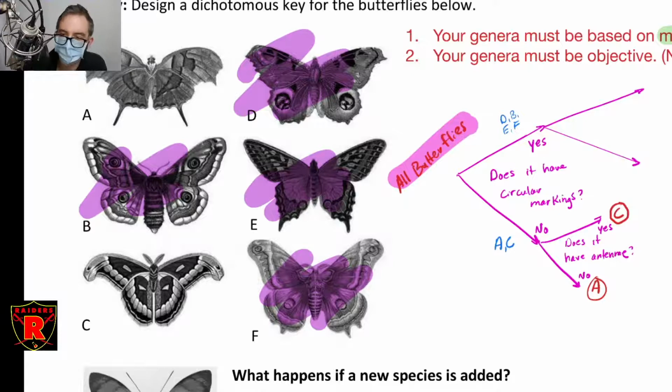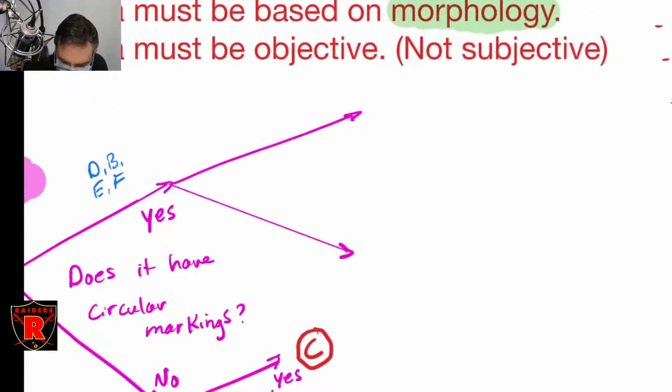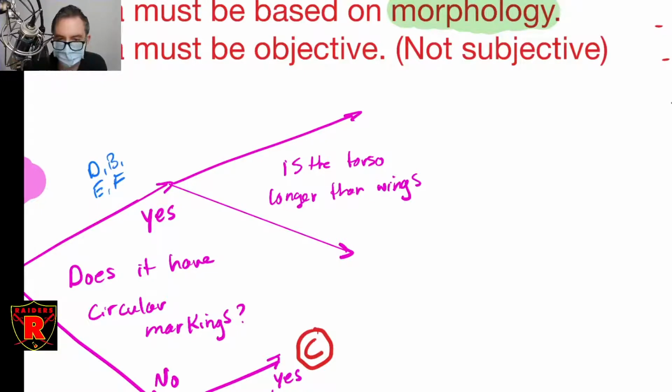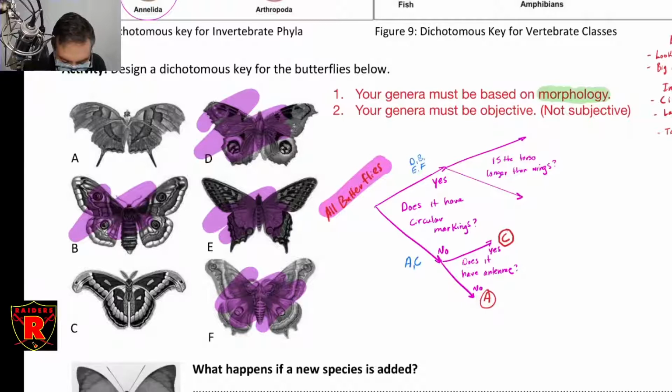Okay, Jasmine, I'm going to use that one. So B, you're saying the torso is longer than the wings. That's nice and objective. So is the torso longer than wings, or does it protrude past the wings? You could probably say that in a way that was a little bit more accurate. But does the torso protrude past the wings?